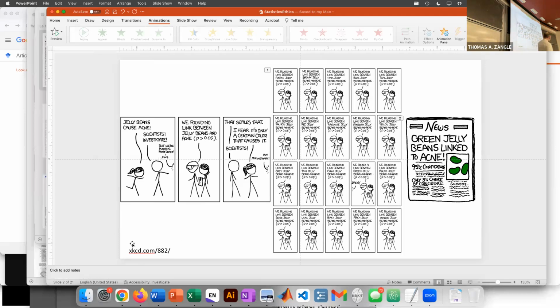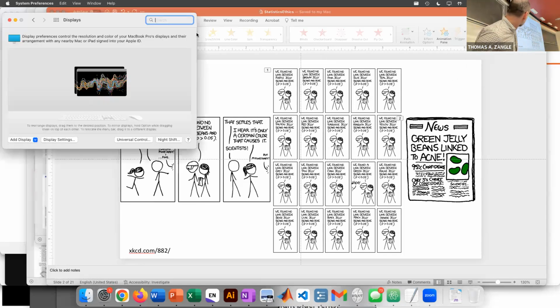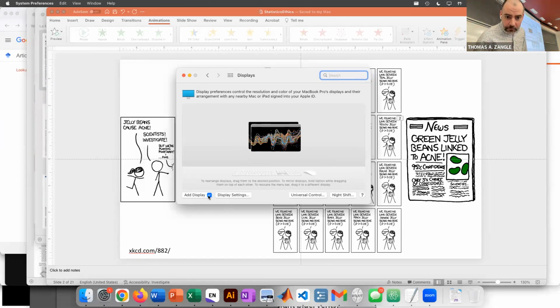XKCD is a web comic that often has comics about math and is generally pretty spot on when it comes to how you would actually interpret different things in math and physics.